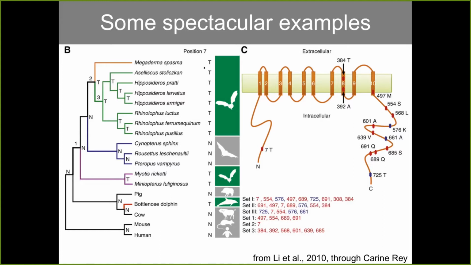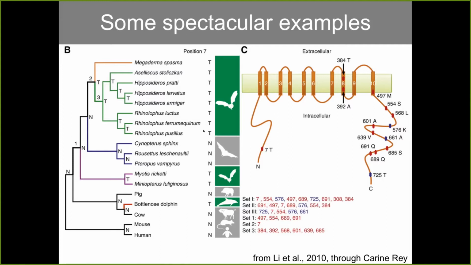So in that case, in position 7, we tend to think that there have been substitutions towards T every time the phenotype changed from non-echolocating to echolocating. So in that case, it's suggestive that there's correlation. But as Niloufar was saying, there would be other ways to explain the same pattern. And so the maintenance of ancestral polymorphism would be one possible explanation in that case.